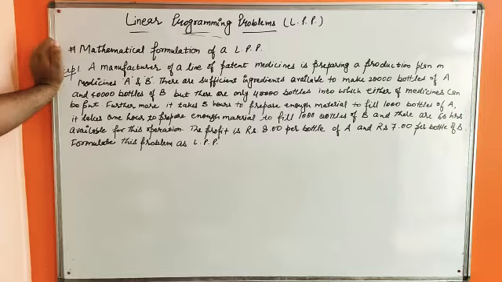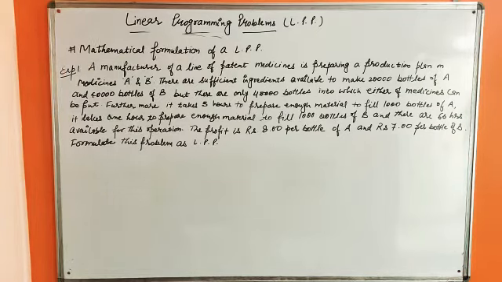Furthermore, it takes 3 hours to prepare enough material to fill 1,000 bottles of A. It takes 1 hour to prepare enough material to fill 1,000 bottles of B, and there are 66 hours available for this operation. The profit is rupees 8 per bottle of A and rupees 7 per bottle of B. Formulate this problem as an LPP.